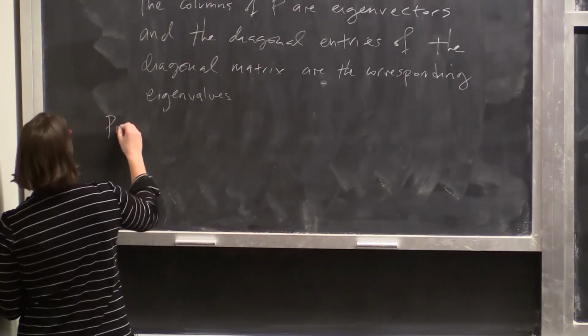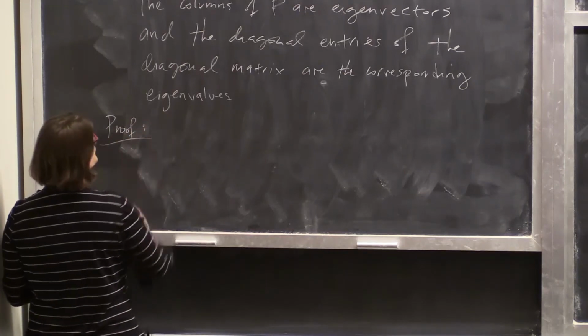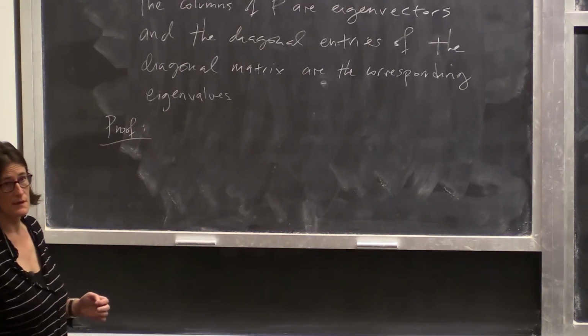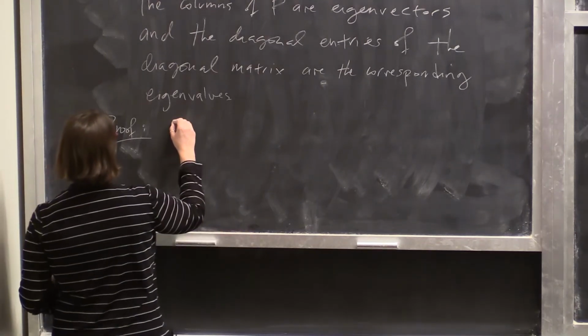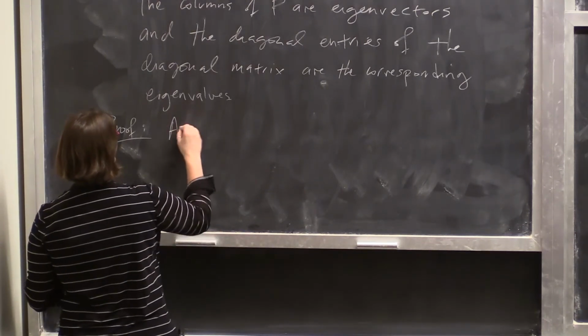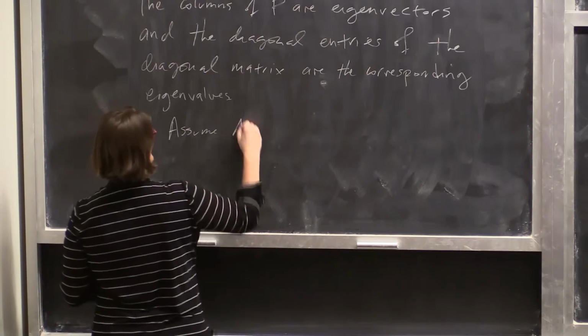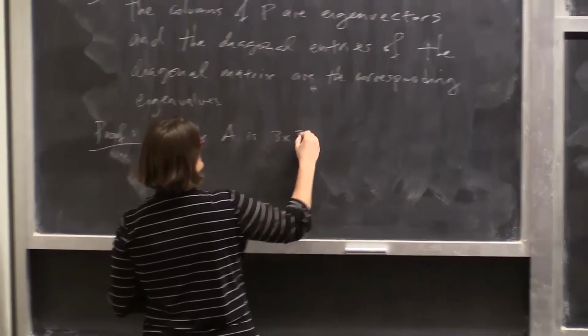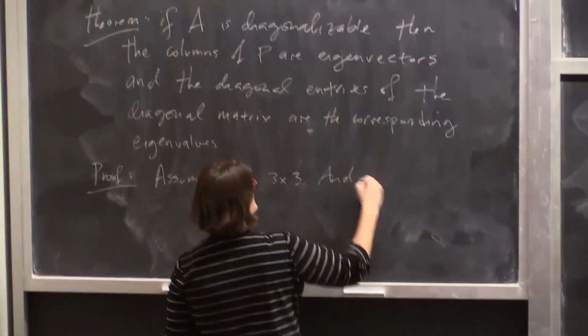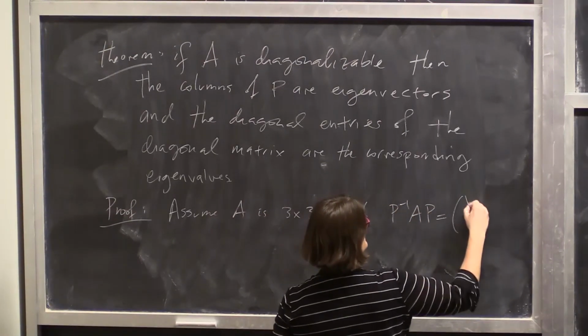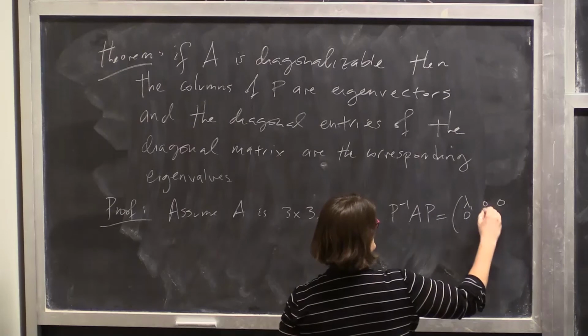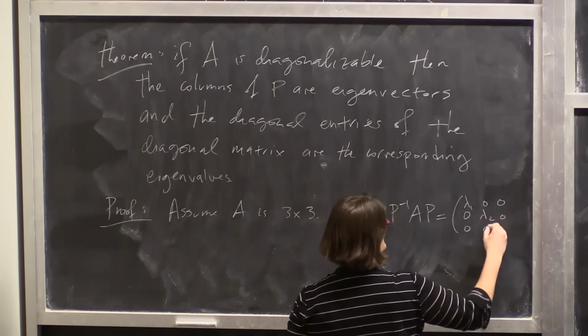So, proof. I'll do it for the 3 by 3 case. If you understand the 3 by 3 case, you understand it in general. So assume A is 3 by 3 and P inverse AP is lambda 1, 0, 0, 0, lambda 2, 0, 0, 0, lambda 3.